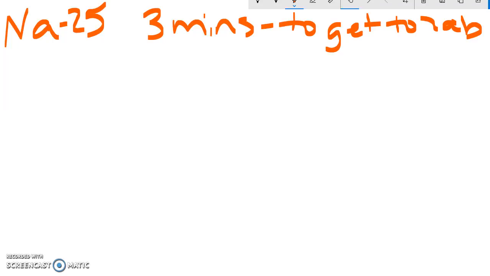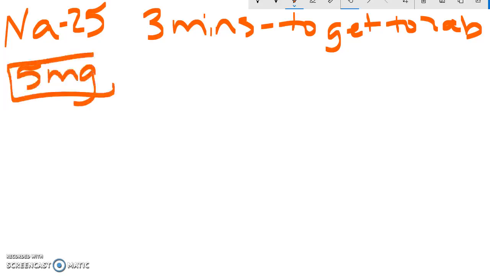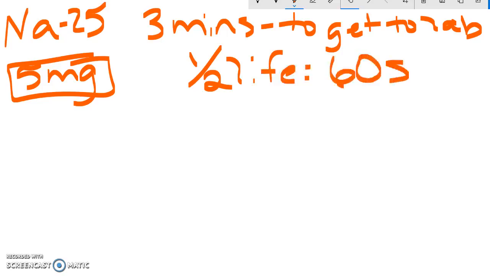If you had 5 milligrams of sodium removed from the reactor, so this is your original sample, how many milligrams of sodium-25 were placed in the reaction vessel 3 minutes later, if the half-life of sodium-25 is equal to 60 seconds?